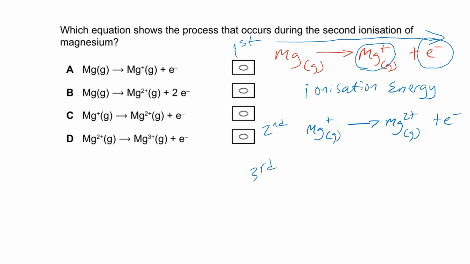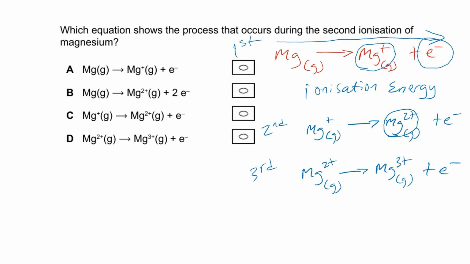For third, you have magnesium 2 plus, you are removing an electron from this magnesium 2 plus ion to give us magnesium 3 plus plus an electron. They are still in their gaseous state. This is called the third. The energy required to do this is called the third ionization energy, and the equation is called the third ionization equation, right?